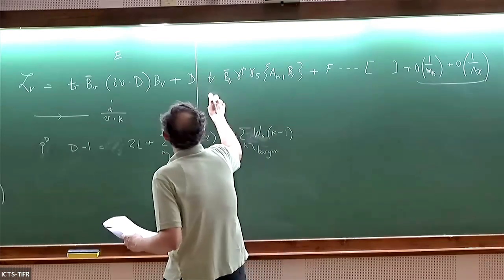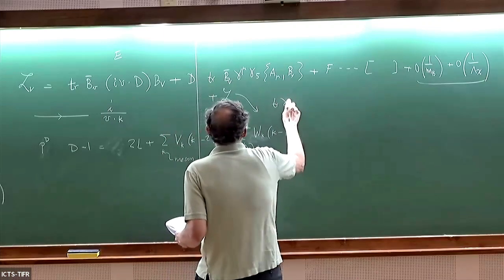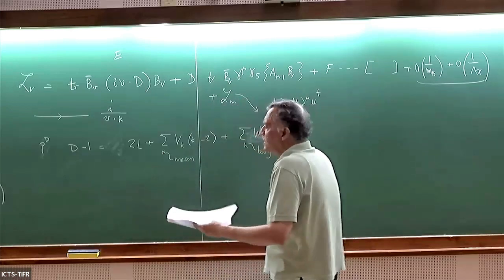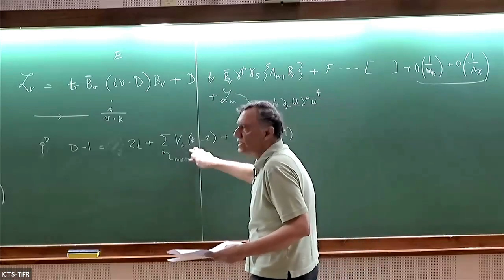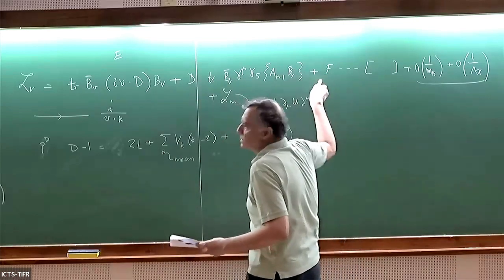For example, the trace of d mu u dagger has no baryon fields in that. So that's what I mean by the V_k's. They come from the meson Lagrangian, and the W_k's are things where there's a baryon.